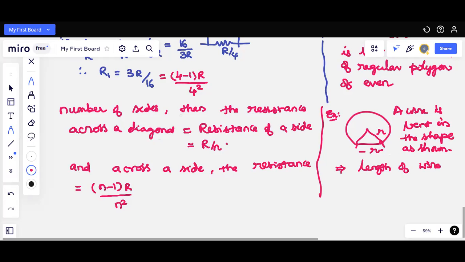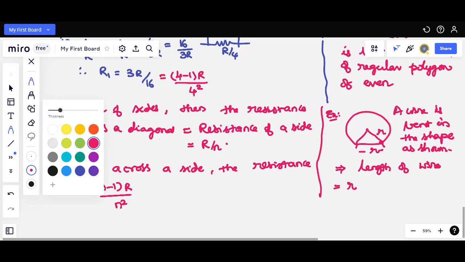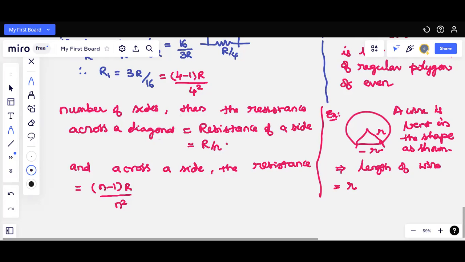Then length of wire is equal to, what I will say, up to here the length of the wire is R. Now if you observe carefully, what is the angle subtended by the straight line? How much angle does the straight line make? This is an equilateral triangle, so this is 60 degrees.